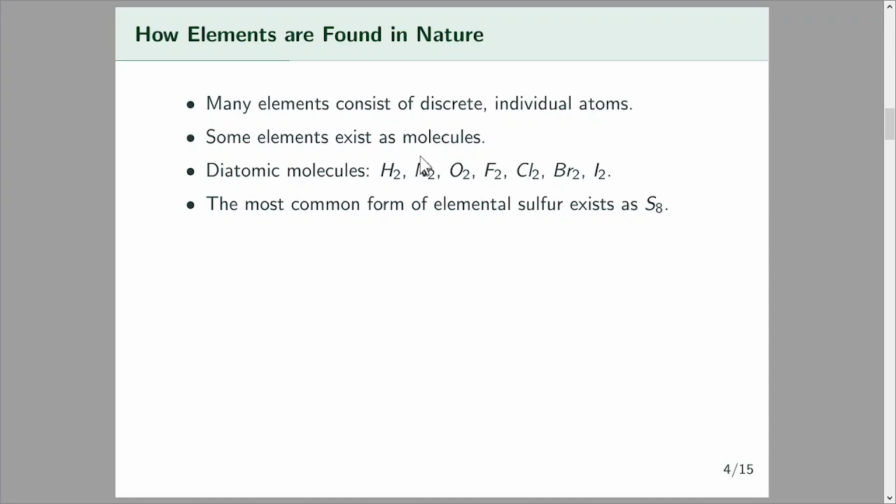Same thing with nitrogen. Our atmosphere is composed of mostly nitrogen and oxygen in this form, N2 and O2. In fact, you can occasionally find O3 called ozone, and it's often in the atmosphere, at least near the ground, because of pollution. Humans can't breathe O3, or at least they can't respire it.